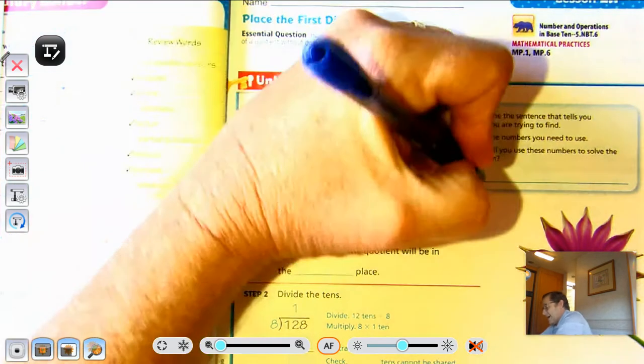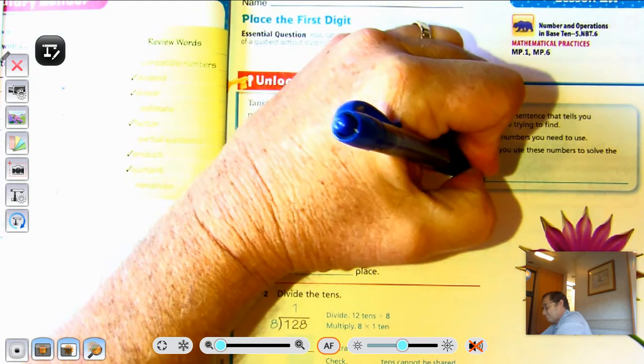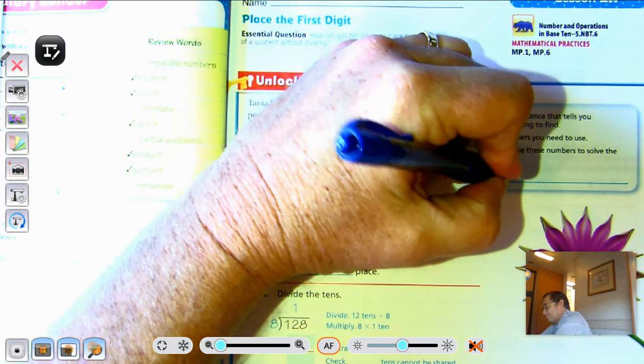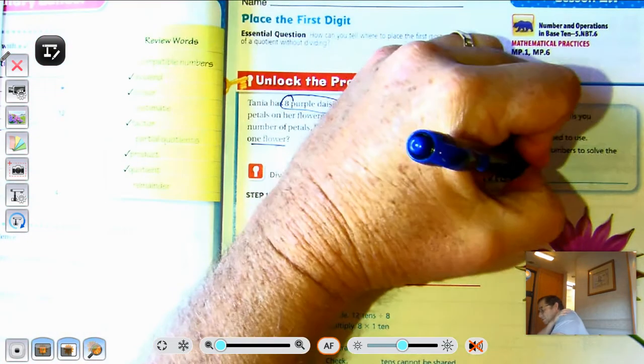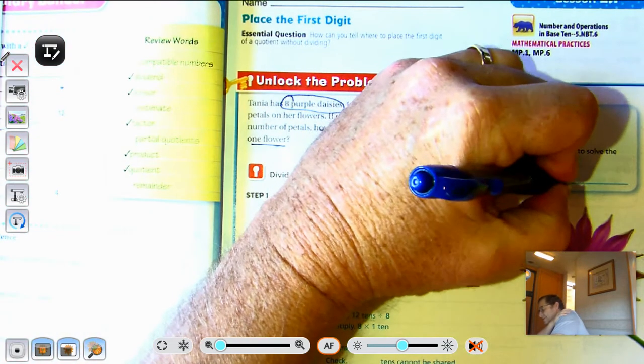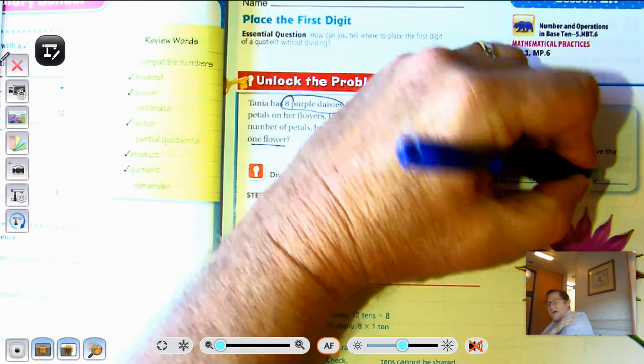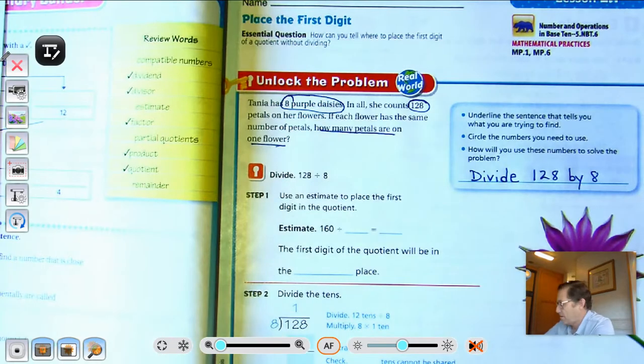So we're going to divide 128 by 8. All right, so step 1, use an estimate to place the first digit in the quotient.